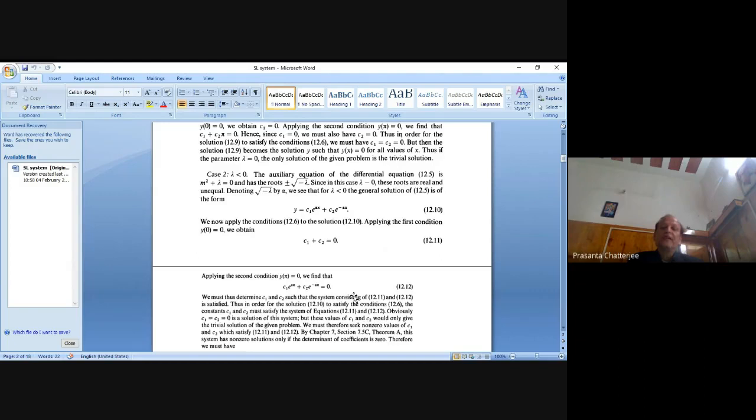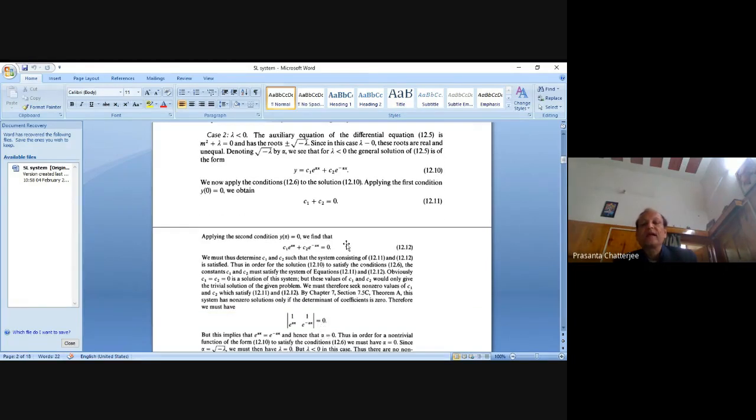So if we write this as a linear system, it can be written in matrix form. And naturally, C1 equal to 0 and C2 equal to 0 is a trivial solution of the matrix.